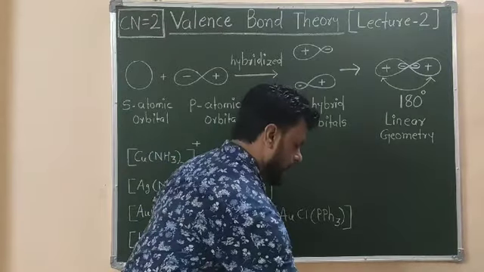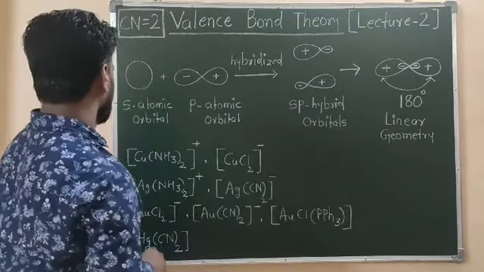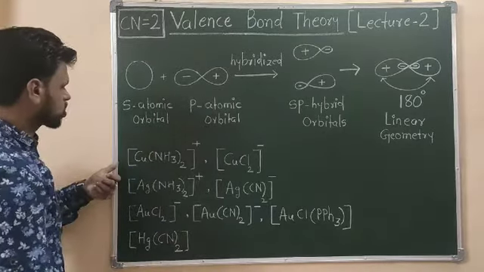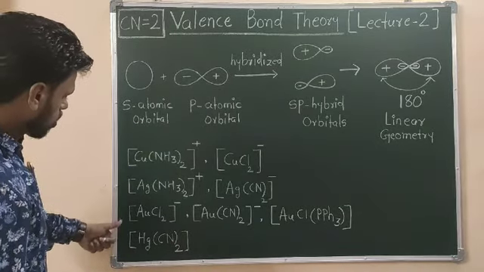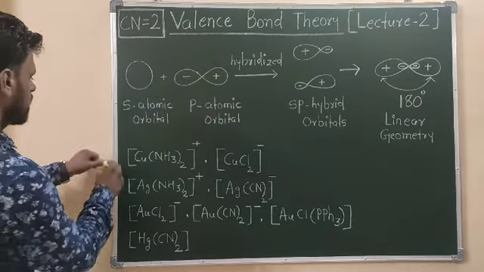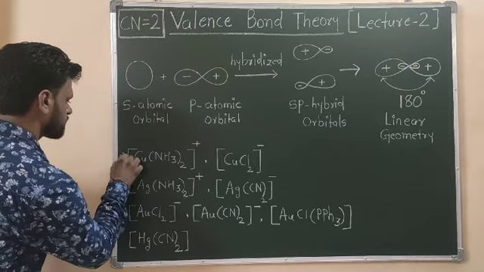Now here I have given some examples of complexes which have coordination number 2. These are copper complexes, silver complexes, gold complexes and mercury complexes. Let's take a copper complex first.